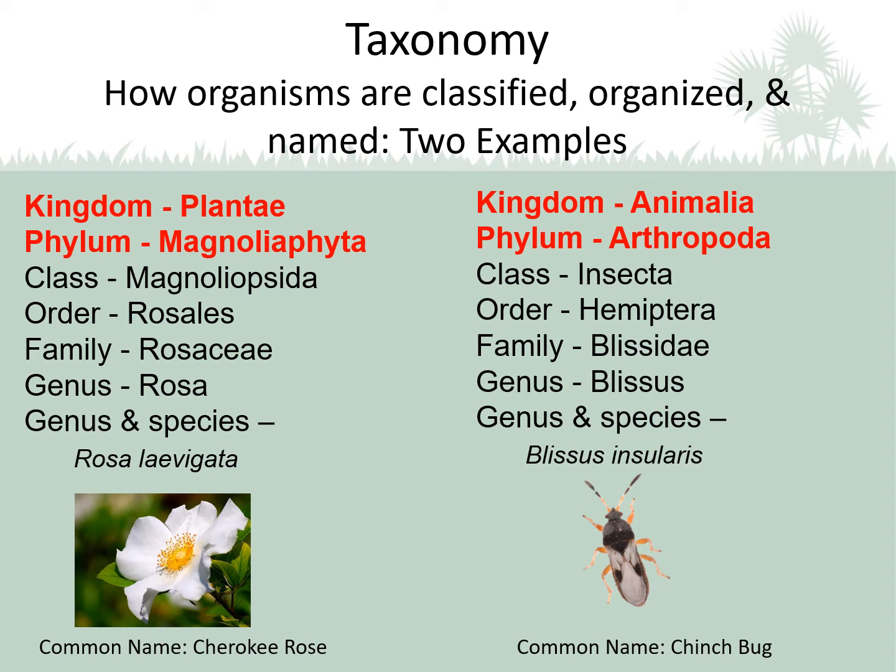Well, the same is true for arthropods or insects. They have their own kingdom, phylum, class, order, family, genus, and species. So we see below there our common chinch bug, and we can see its genus name is Blissus, and insularis is the species. Living in Florida, you'll get to know this insect really, really well.